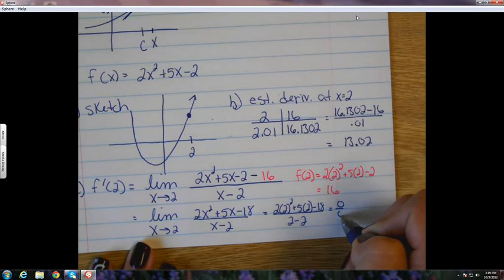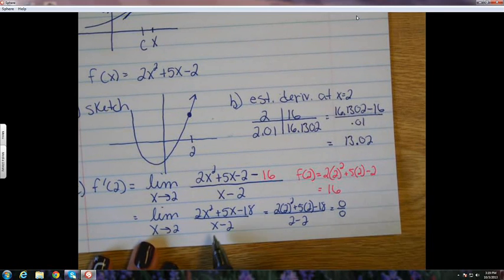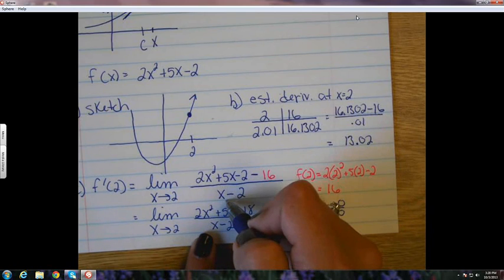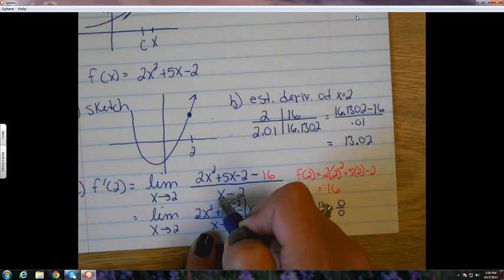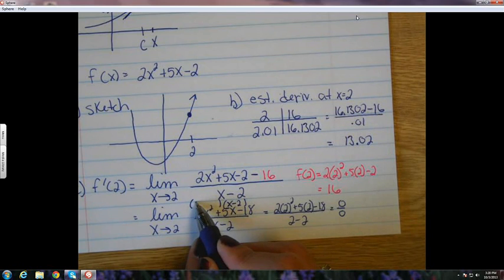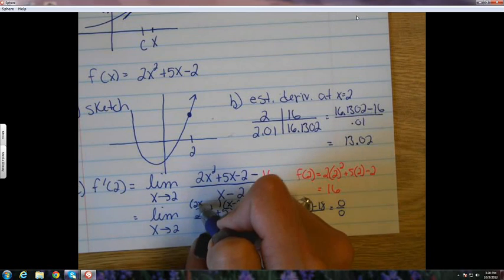And remember, when you get that 0 over 0, that's a removable discontinuity, and you can remove it by factoring. So if I go back, and because this is only a quadratic, I don't have to do the synthetic division. I know x minus 2 is one of the factors, so that's what's going to cross off. The other one, remember when I multiply first times first, I'm going to get 2x squared. So that has to be a 2x.